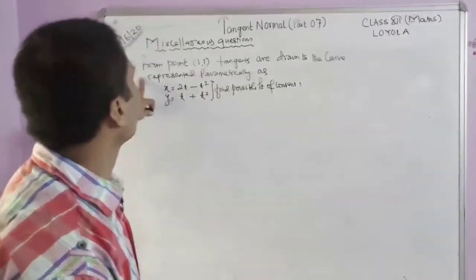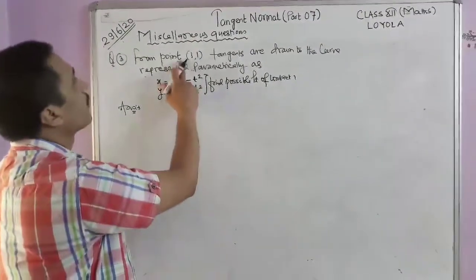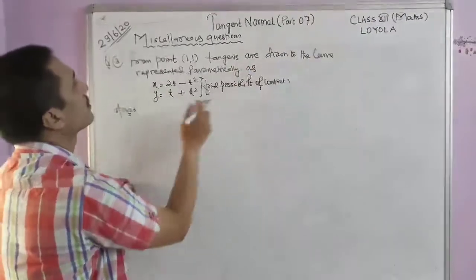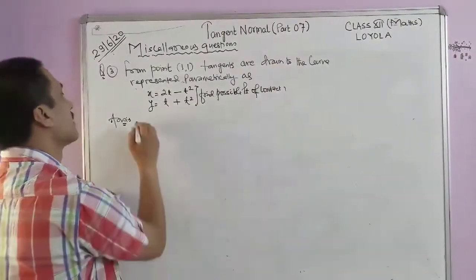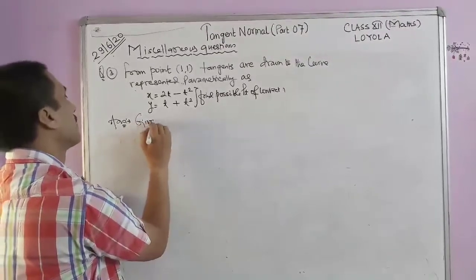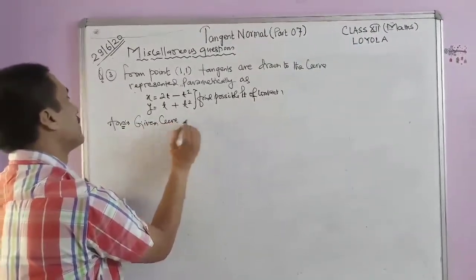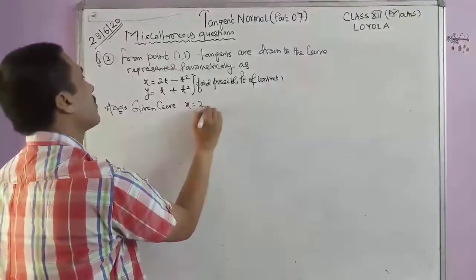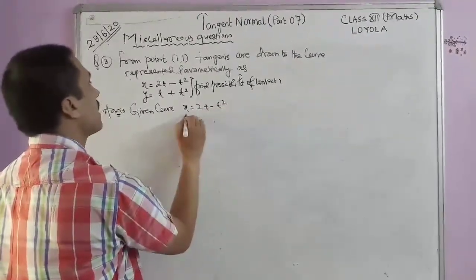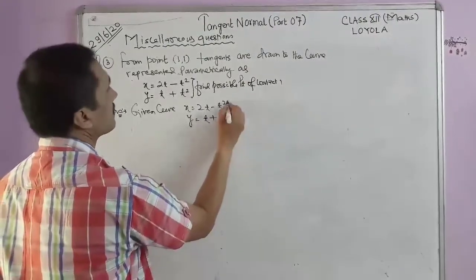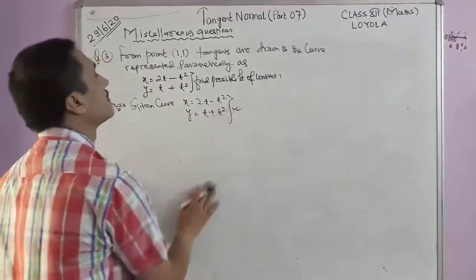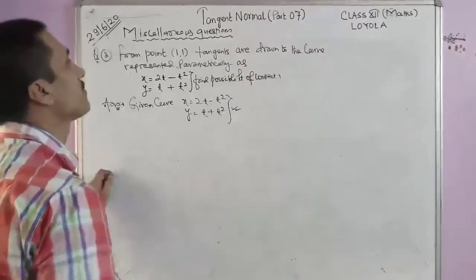The next one: from the point (1, 1), tangents are drawn to the curve represented parametrically. Here the given curve is x equals 2t minus t square and y equals t plus t square, represented in parametric form.